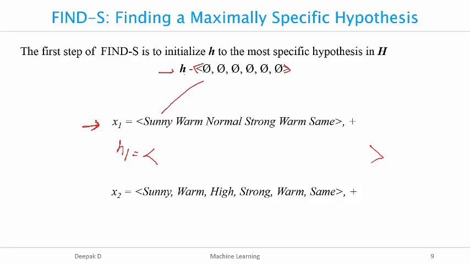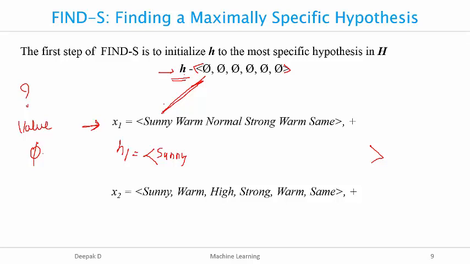general value. So you can see here we have sunny and you have a null value. When we compare these two things, it is not satisfying. So what we have to do is replace with a more general value than your current hypothesis values. So here I replace with the actual value, sunny. As you know, there are 3 constraints: any value is acceptable, actual value, and null value.